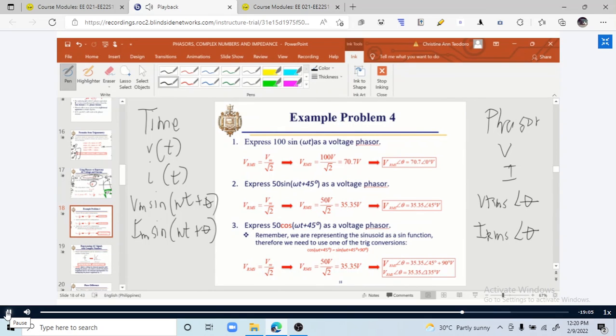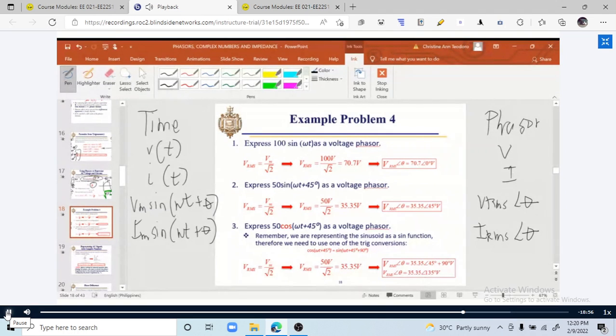But on other books, especially if you have already browsed the reference book of Charles Sadiku in your modules, they are no longer converting maximum value to VRMS or VRMS to maximum value because of a certain reason.